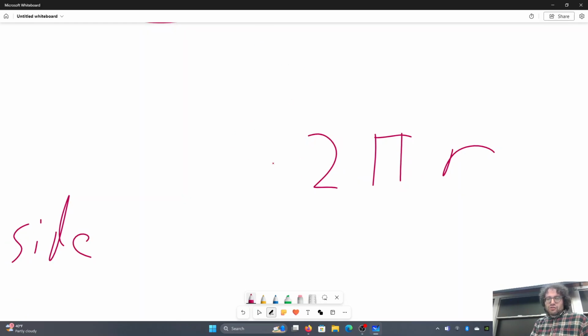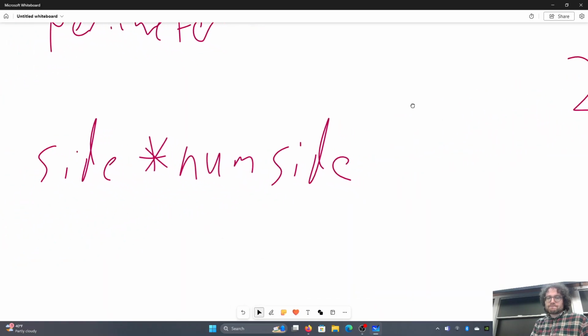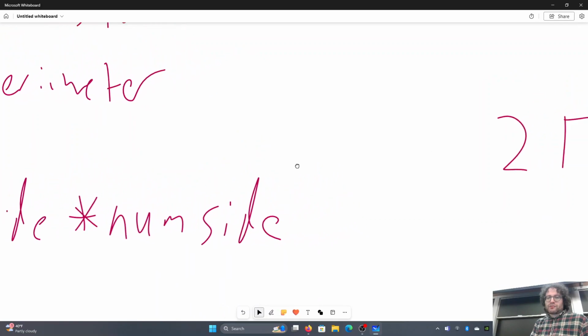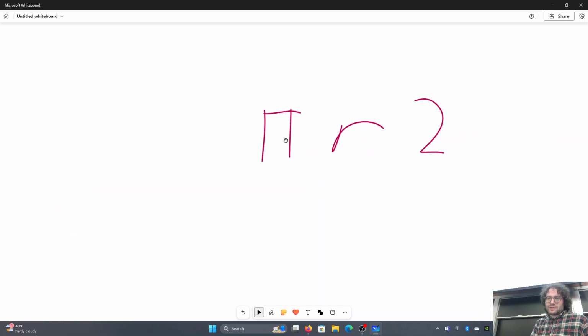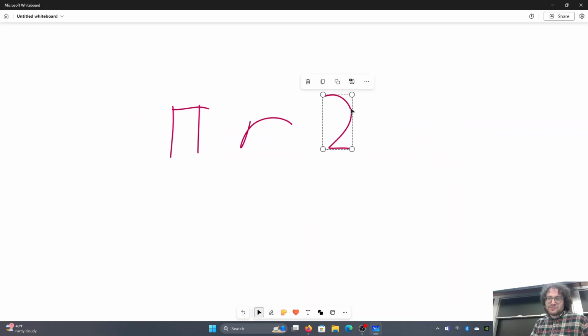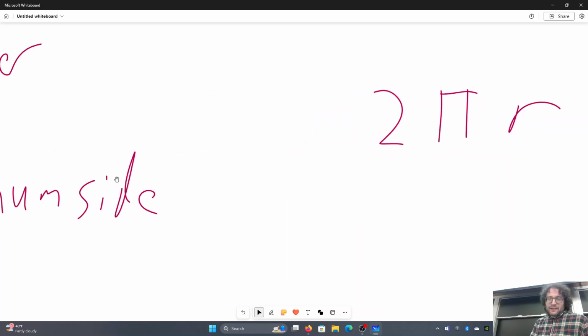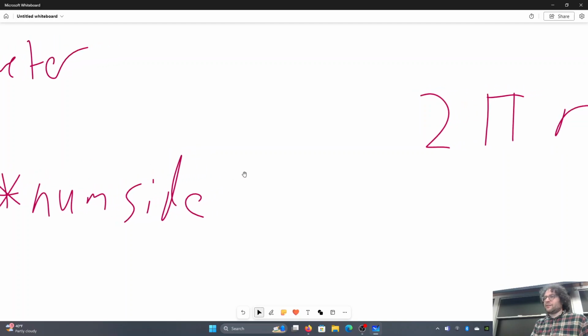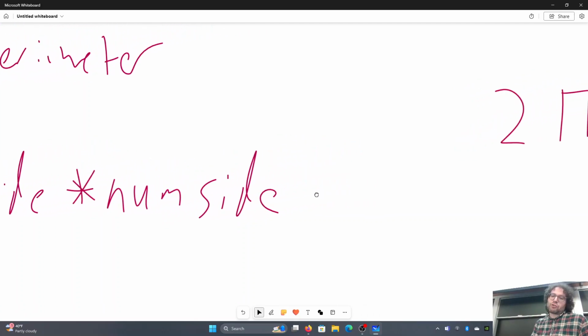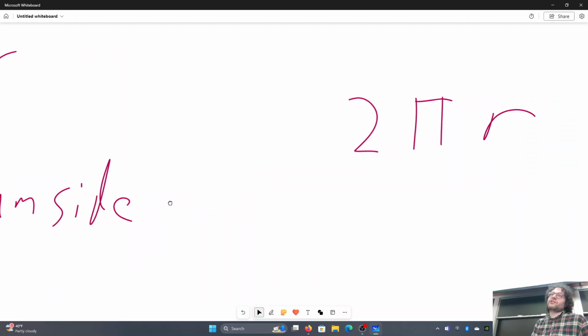Okay, so if we want to draw something with some defined radius, what we need to do, if we want to draw a circle that has a radius of some kind, is instead draw a shape that has a total perimeter of 2 pi r, where r is the desired radius.